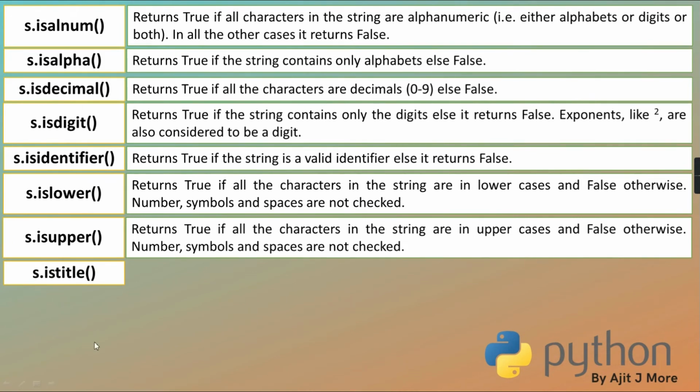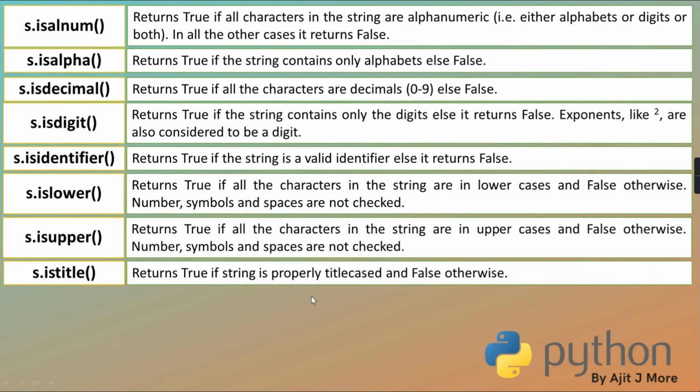It will check whether the first letter of each and every word in your string is in uppercase and all others are in lowercase. It returns true if the string is properly title case and false otherwise.